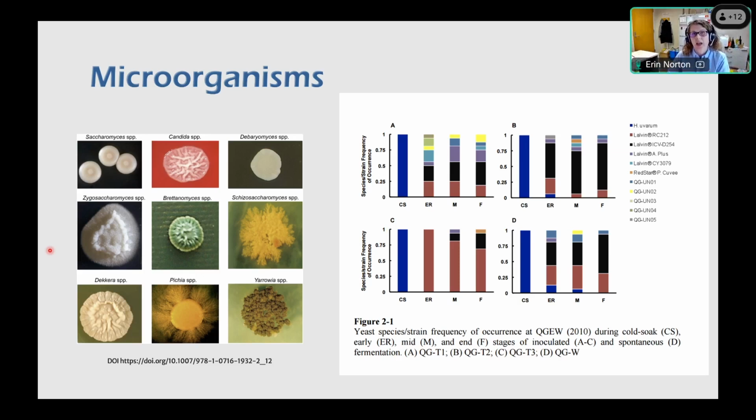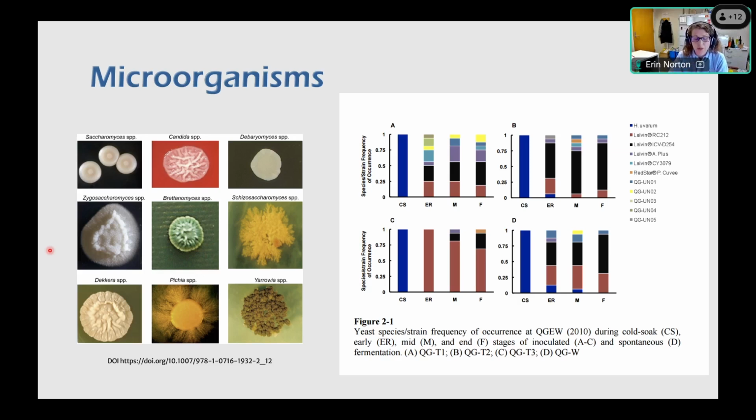Thankfully, wine in general does not allow the growth of pathogens, so wine is typically safe. And so these microorganisms like these yeasts that are growing, and potentially some bacteria, most of the bacteria that we see are lactic acid bacteria.